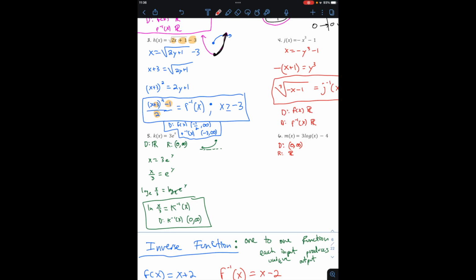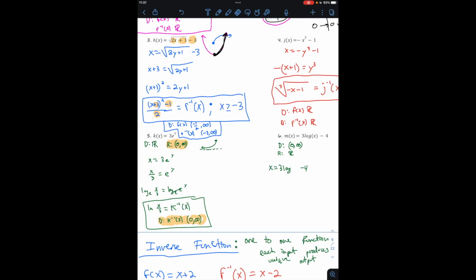And so, again, and I should have pointed this out last time, the range of this function corresponds to the domain of its inverse. And that always just seems to happen. So if we move right along, let's change the color for some contrast. Go green. So if I switch x and y, x equals 3 log x minus 4.